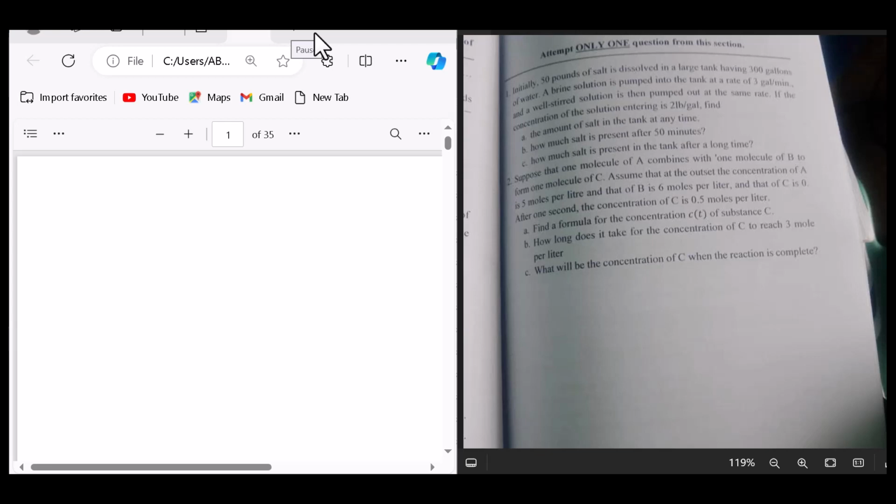Which reads: initially 50 pounds of salt is dissolved in a large tank having 300 gallons of water. So as we read, we will write out 50 pounds of salt initially.